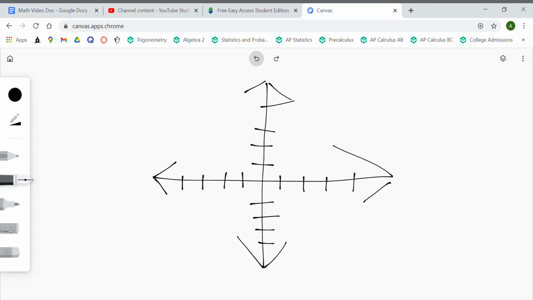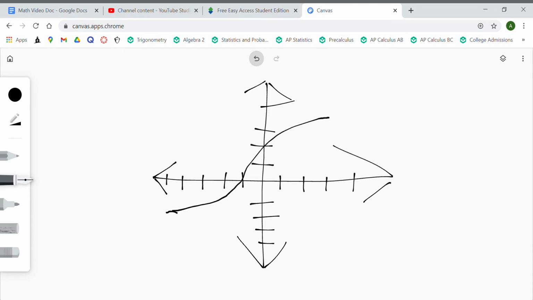So let's see, I'm going to give you a little function right here. So we're going to try and approximate this.